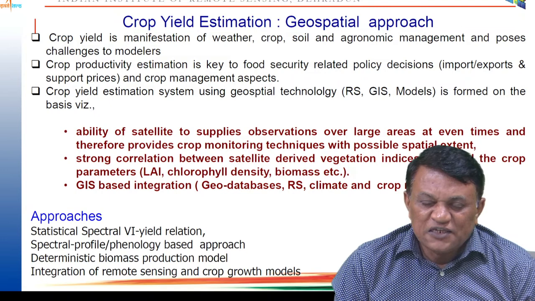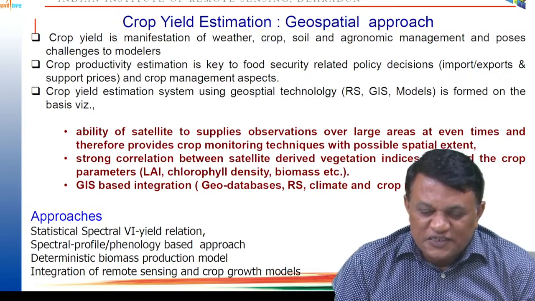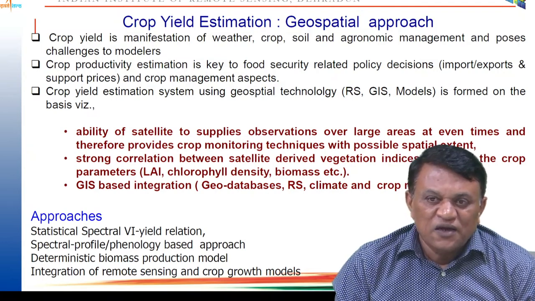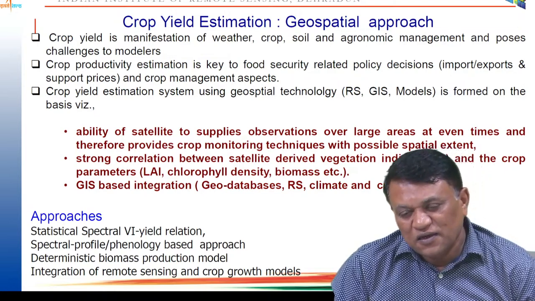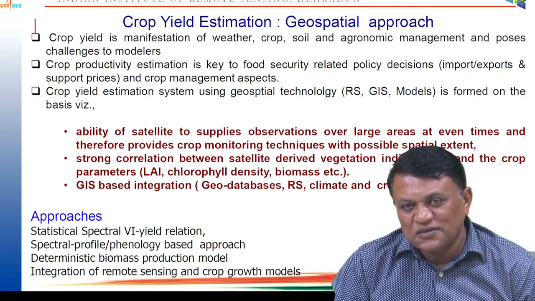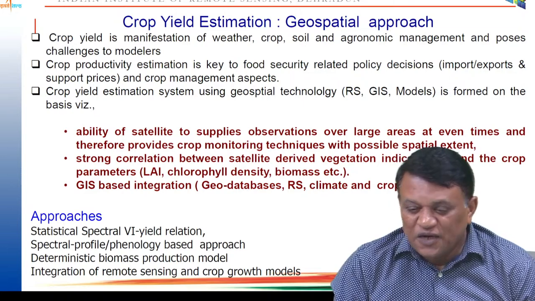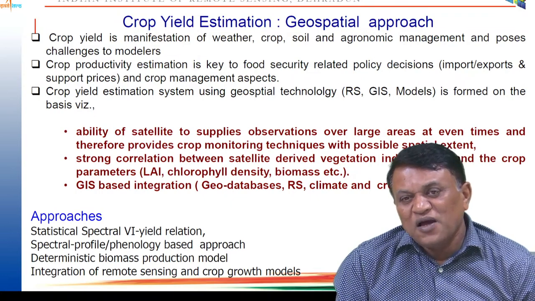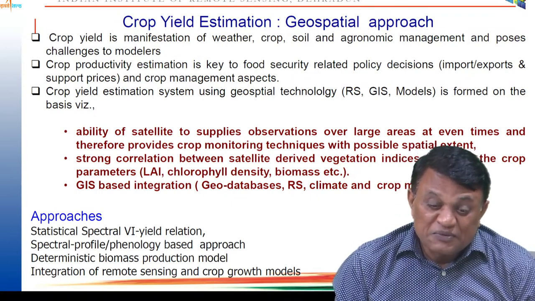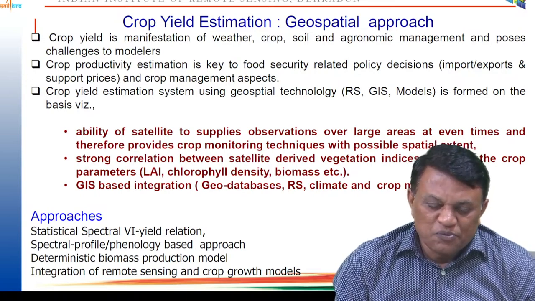Apart from that, there is a strong relation between satellite derived measures, whether land surface temperature, vegetation index or chlorophyll concentration, and crop parameters like biomass, leaf area index, chlorophyll density, photosynthetic activity and net primary productivity, all closely related to satellite derived measures of vegetation. This strong association is explored to develop crop yield estimation methods.